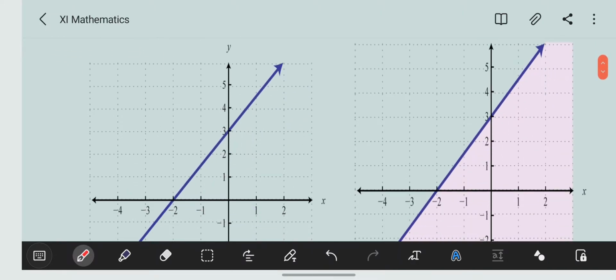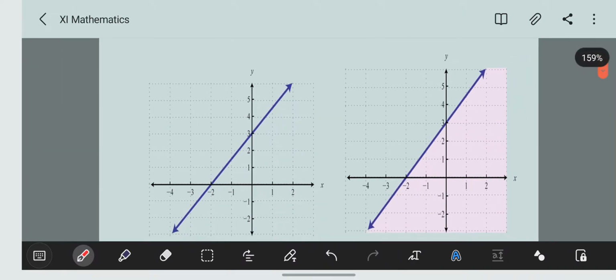So if you look at this particular diagram, a Cartesian plane is drawn here. When we talk about representing a linear inequality in two variables, we always consider an equation, and first of all we need to find different solutions of that equation and then draw the equation line on the given Cartesian plane.